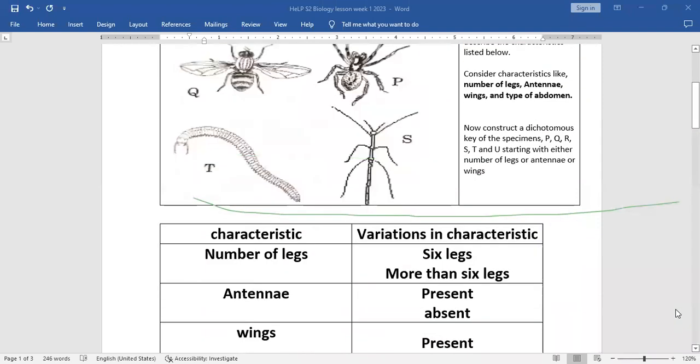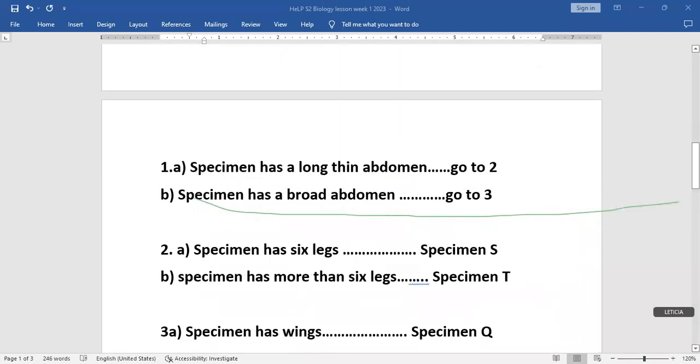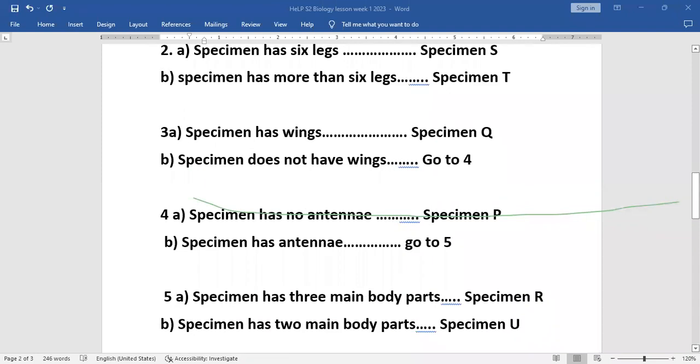Did we get 5 couplets? 1, 2, 3, 4, 5. So your teacher was very correct. Use that to cross-check. If you have 6 specimens and only 4 couplets, there is something you have not separated. Or if there are 6 and you have 6 couplets, then there is something you have repeated. So here we are very correct because our couplets are less than the number of specimens by 1. That was a good question.